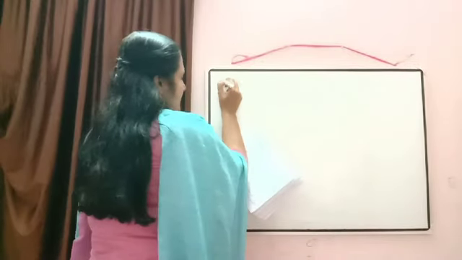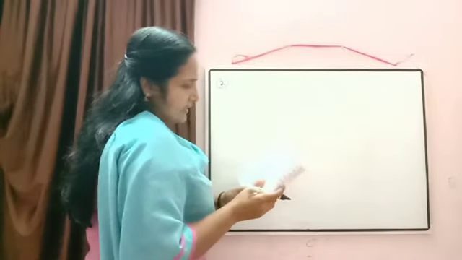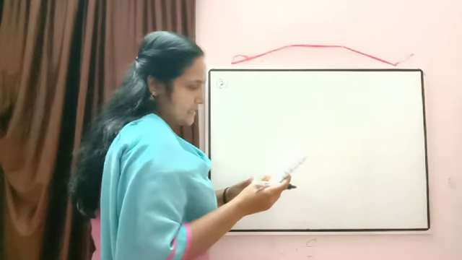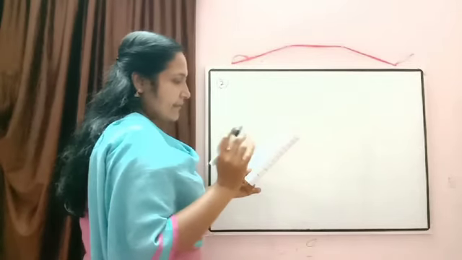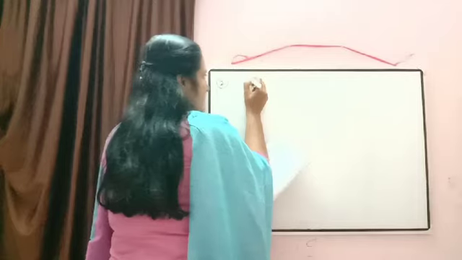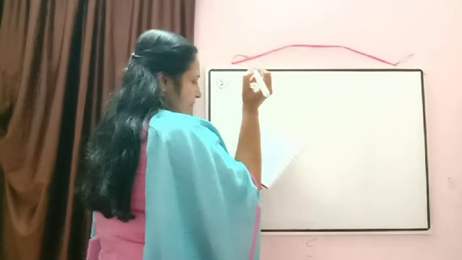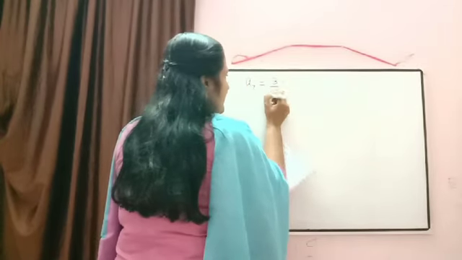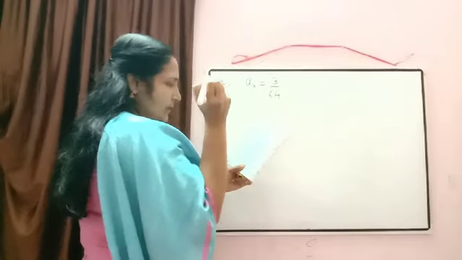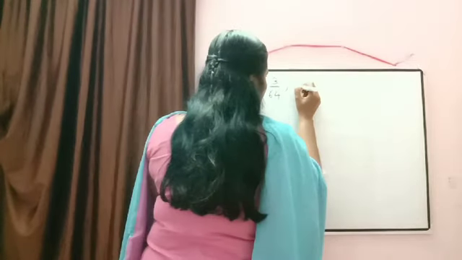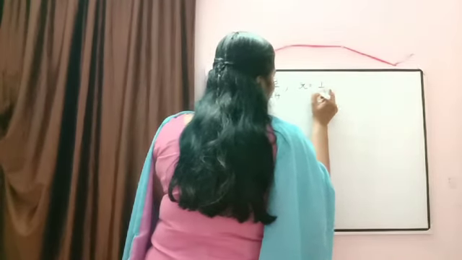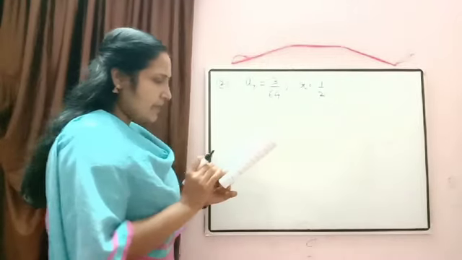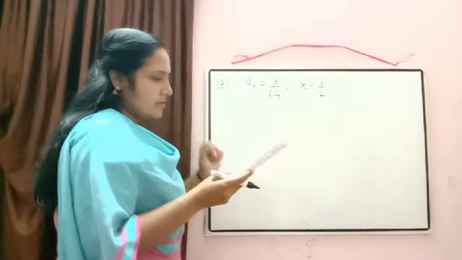In the second question it is written, find the 15th term of the GP whose 7th term is 3 by 64 and the common ratio is 1 by 2. R is equal to 1 by 2 is given and the 7th term is also given.